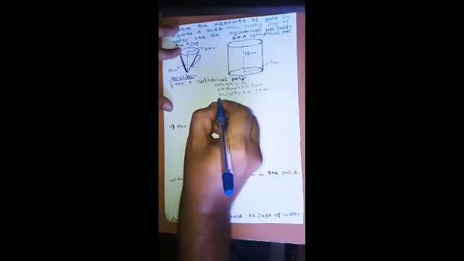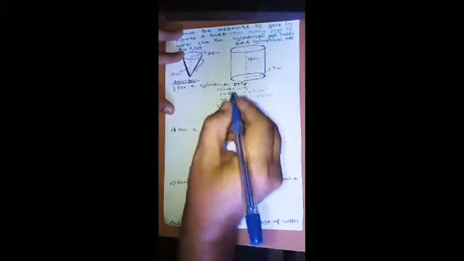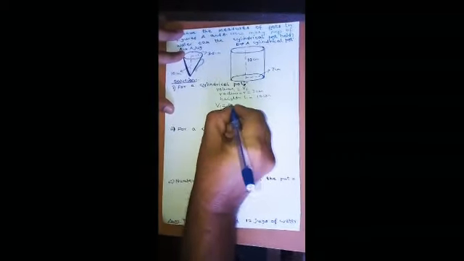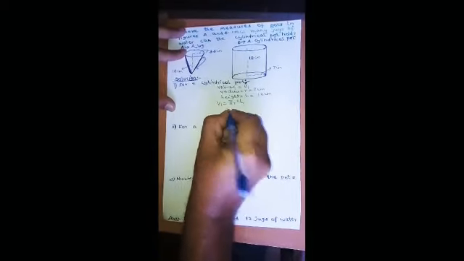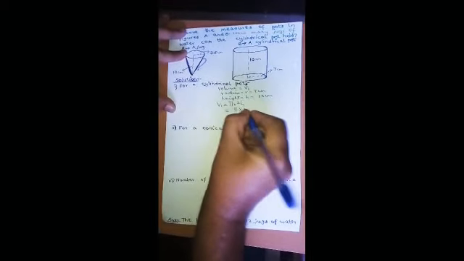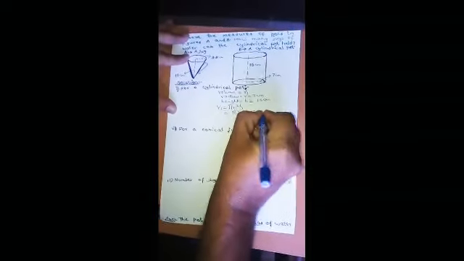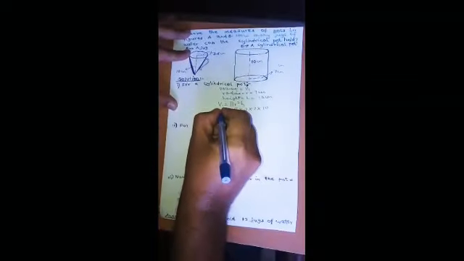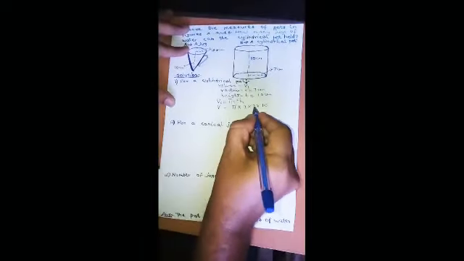Then next step, V1, that is the volume of the cylindrical pot. We know the formula is pi r square H. So it will become pi into 7 into 7 into 10. So we can say that V1 equals pi into 7 into 7 into 10.